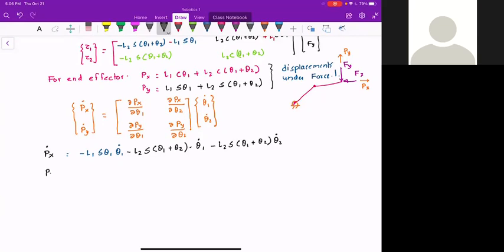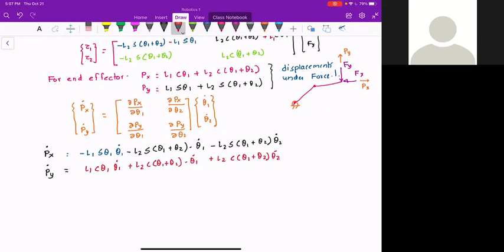And then let me do py dot over here. Rather than finding these individually, let me expand this and put it in the same matrix form. So bear with me for a second. py dot is going to look like L1 cosine theta 1 theta 1 dot plus L2 cosine theta 1 plus theta 2 theta 1 dot plus L2 cosine theta 1 plus theta 2 theta 2 dot.